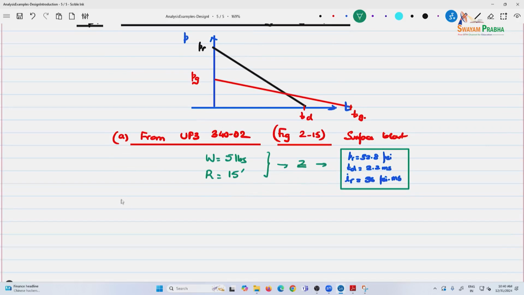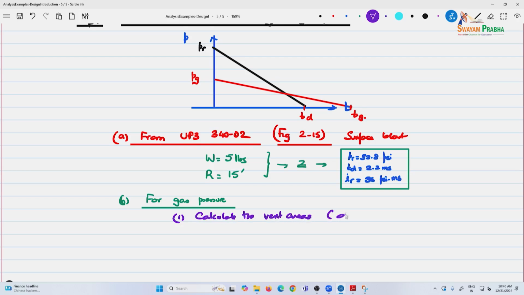Then to calculate the gas pressures, we'll use a couple of other charts. We first need to calculate the vent areas. This is for the doors and windows. So here assume AV is 500 square feet, given.